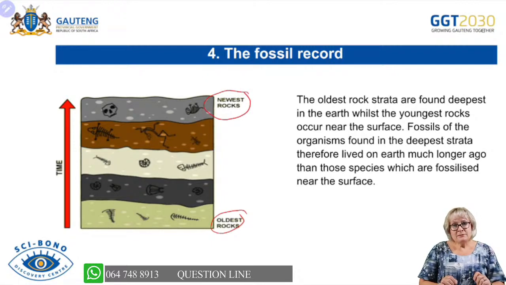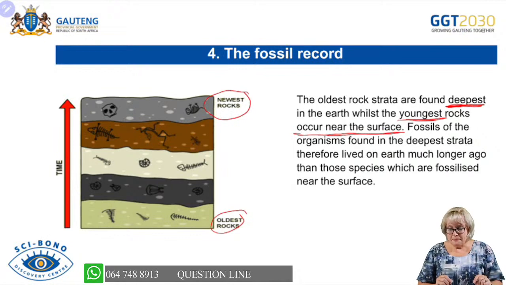So that means if we find fossils deeper down, that fossil is much older than a fossil that we find near the surface of the earth. So remember, the oldest rock strata are found deepest in the earth, while the youngest ones are occurring near the surface of the earth. That you studied in grade 10.